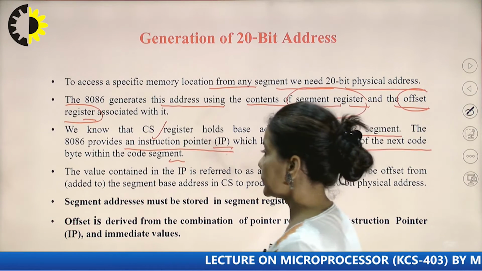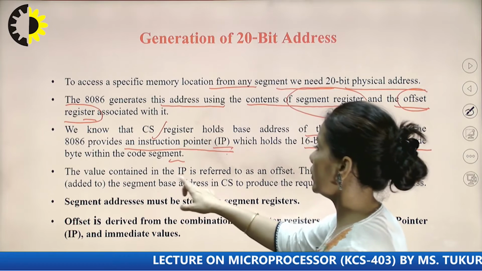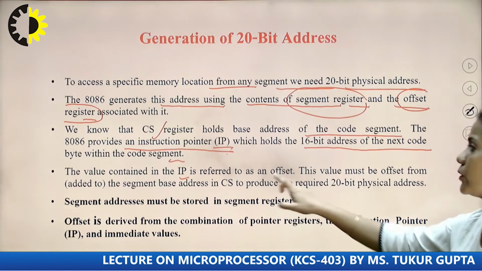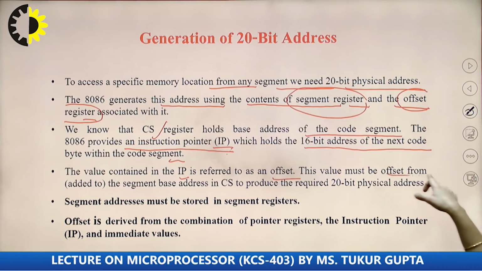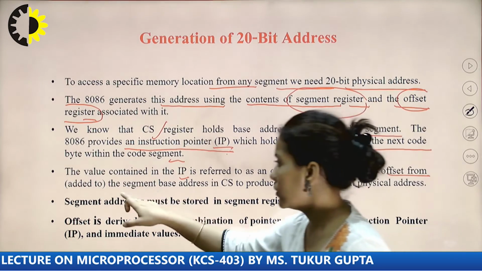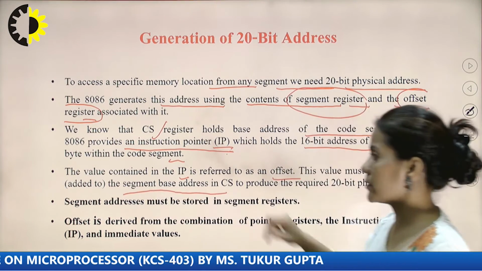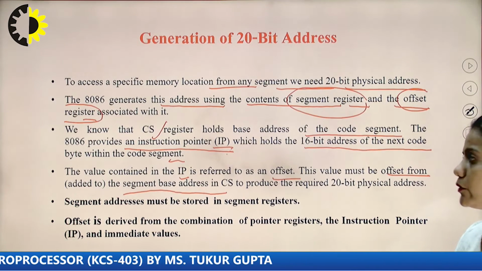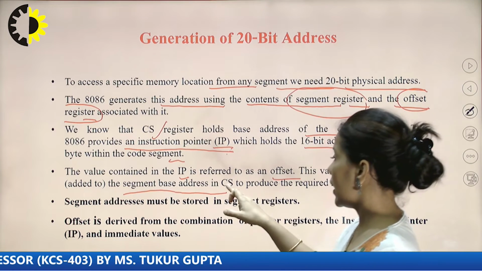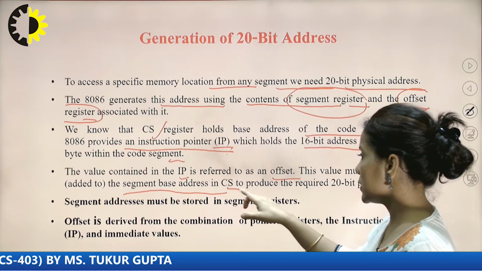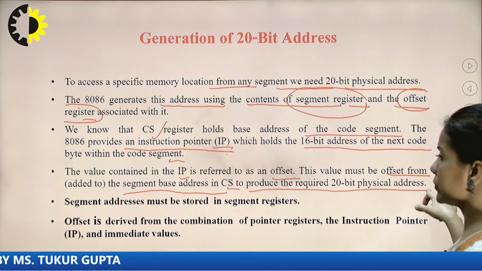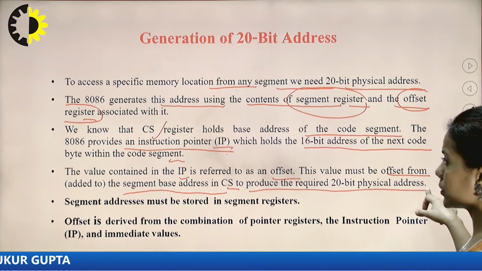The value contained in the IP is referred to as an offset. This value must be offset from the segment base address. That is, it should be added to the base in the CS register to produce the required 20 bit physical address. So, how is this possible?